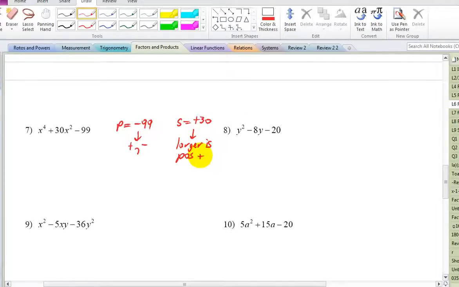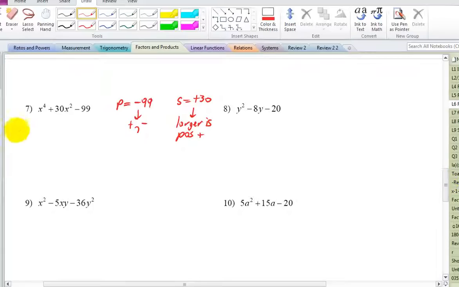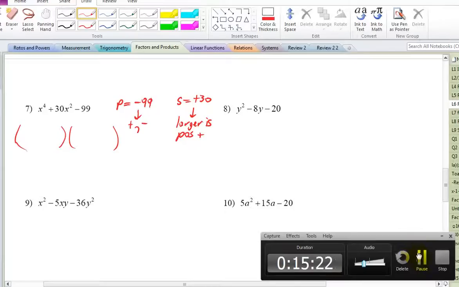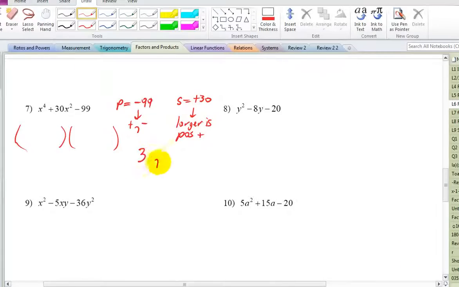Okay, think about your numbers. So 3 and 33, which one's positive? It's got to be 33, because when you combine it with the minus 3, you have to get a positive 30.